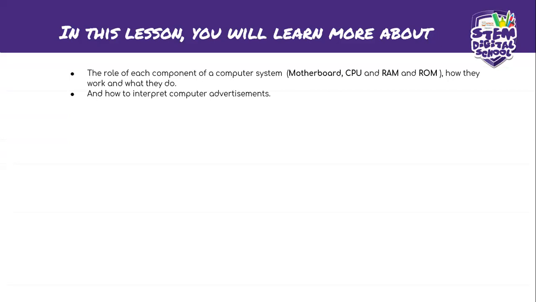After you have learned the roles of each component, you'll be able to interpret a computer advertisement, and know how to select or choose a computer when you want to buy one.